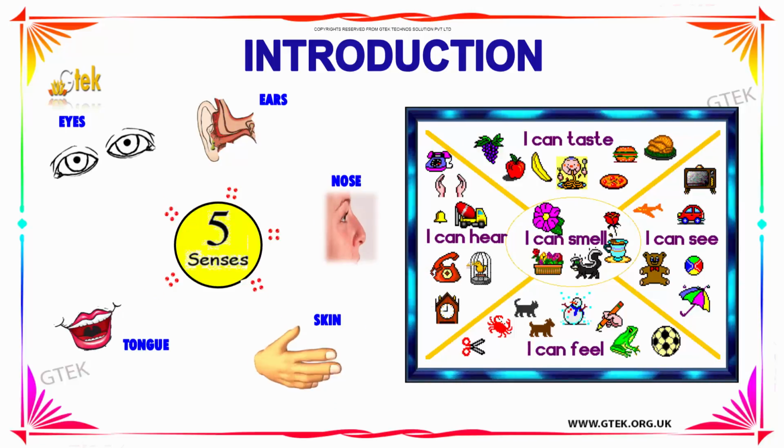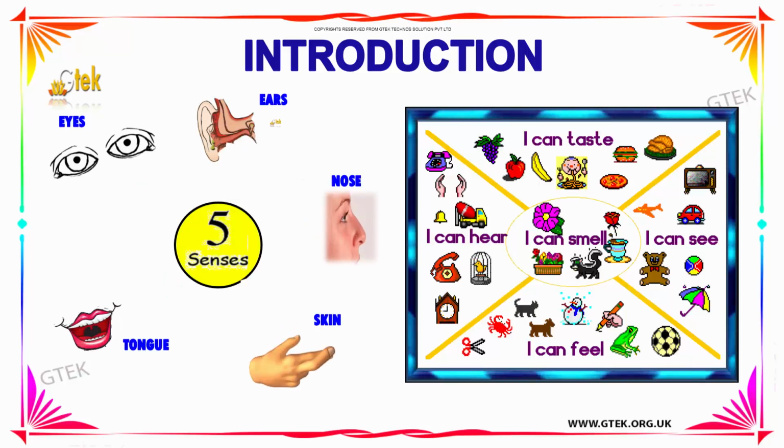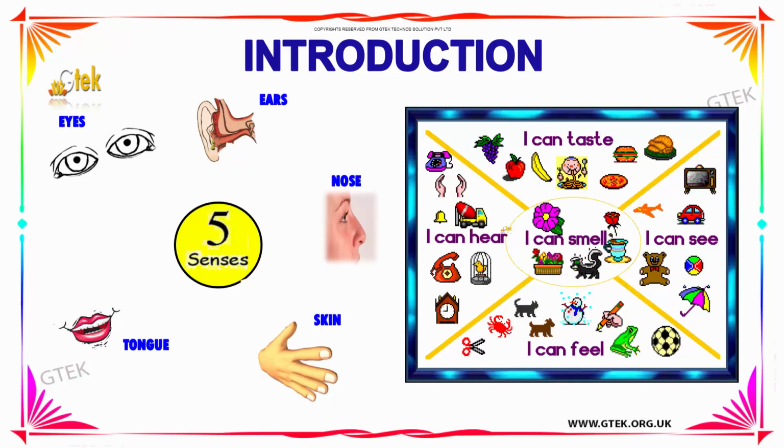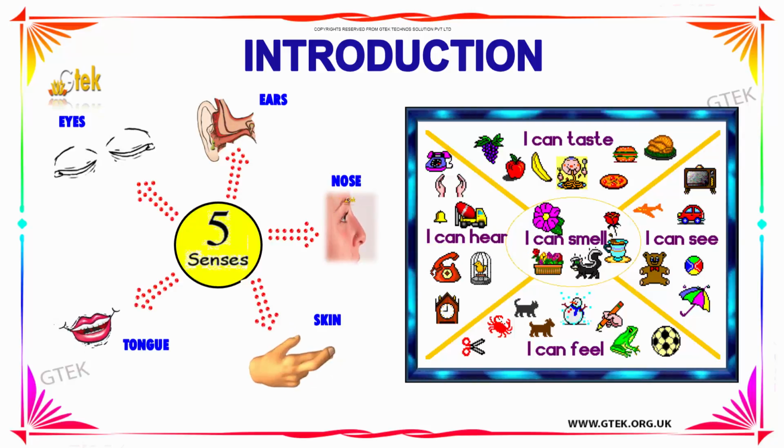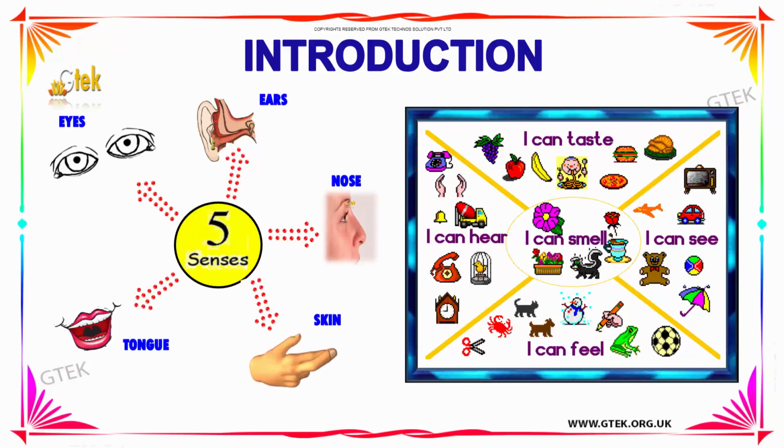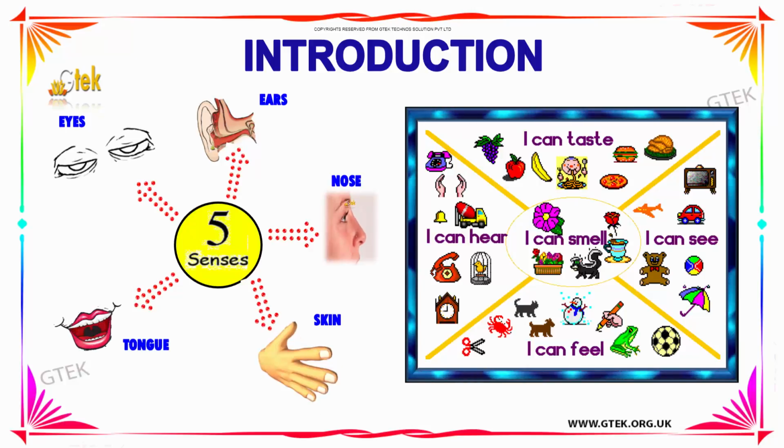If one can hear things, that is because of ears. If one can smell things, that is because of the nose. So these 5 senses, which a human can relate to his environment, are known as the sense organs. The 5 sense organs are eyes, ears, nose, skin and tongue.